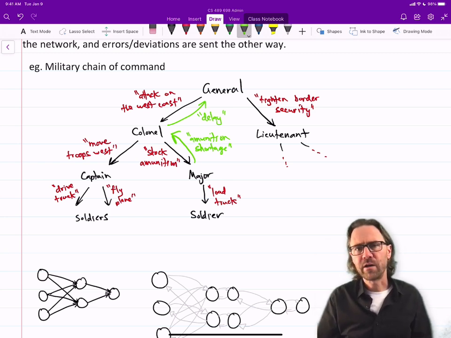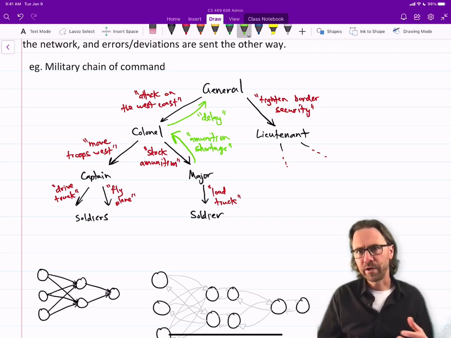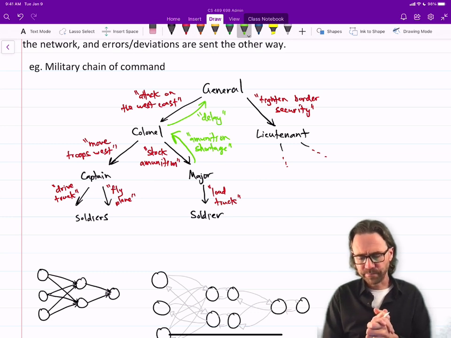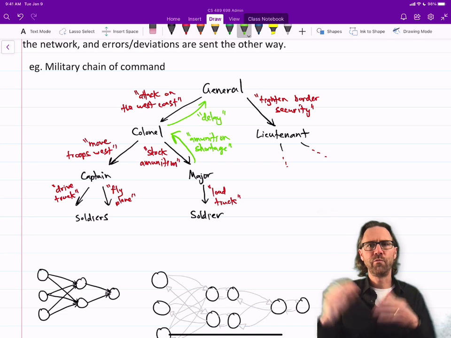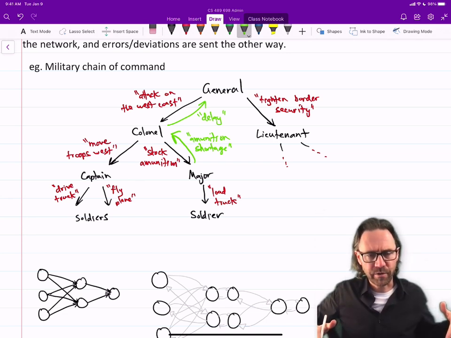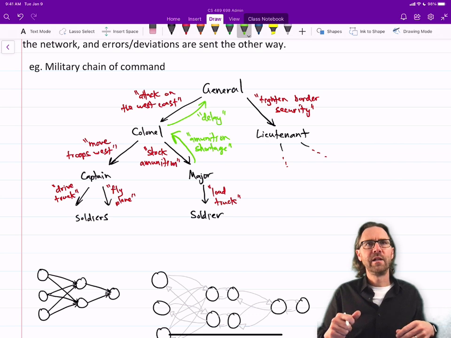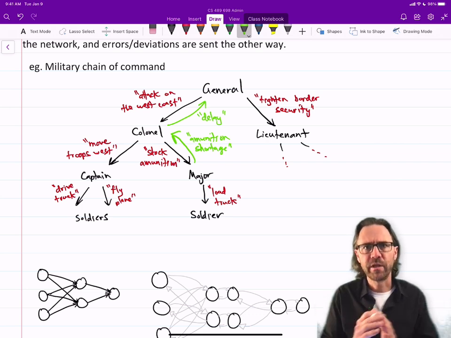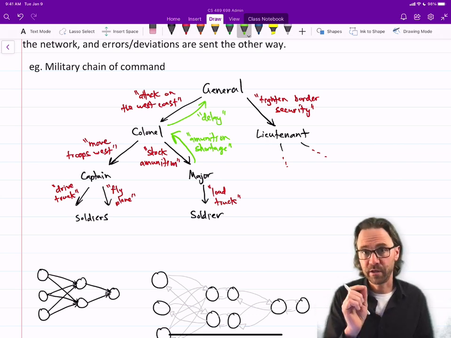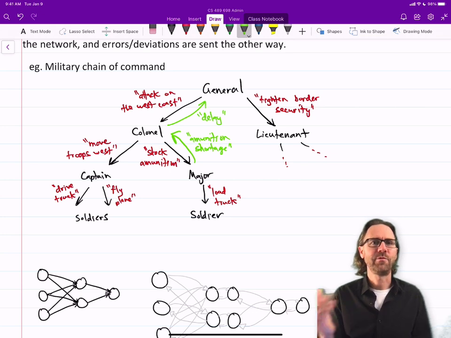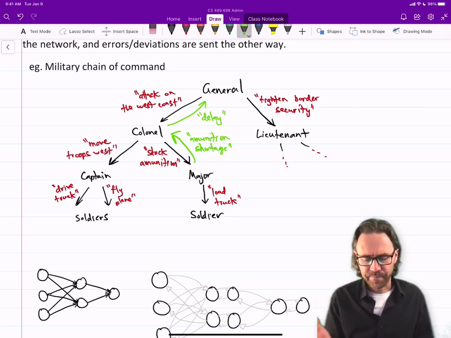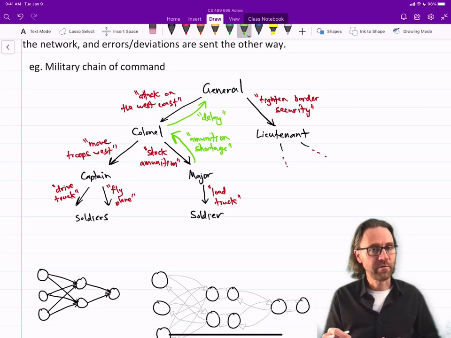So this philosophy is called predictive coding, and it's fairly efficient because the commands, or the predictions, flow in one direction, and there's no need for information to flow in the other direction except when there's an exception, if there's a command that cannot be fulfilled.